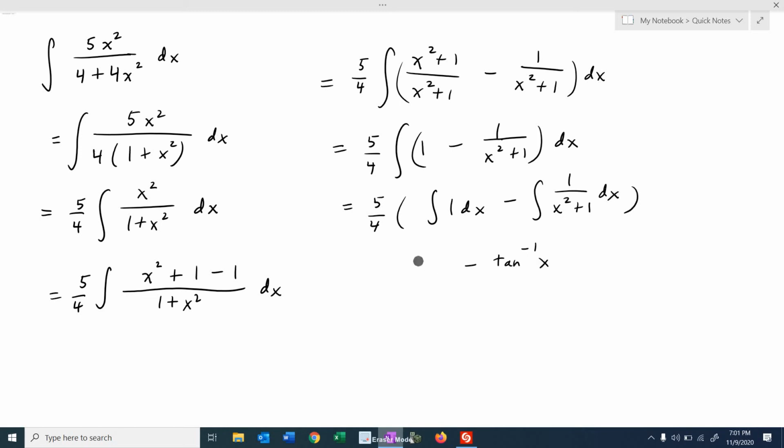And of course, you get constants in both cases, right? So let's call this one C1 and this one C2. Okay, but then you have this 5/4 that sits out in front. And so let's go ahead and distribute that 5/4.